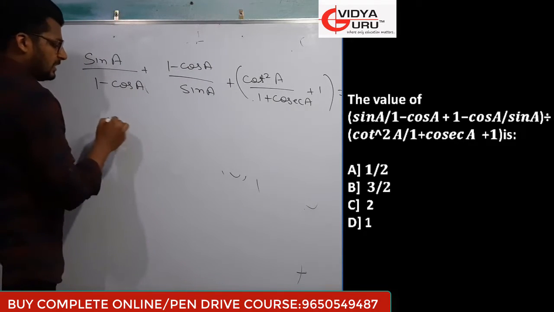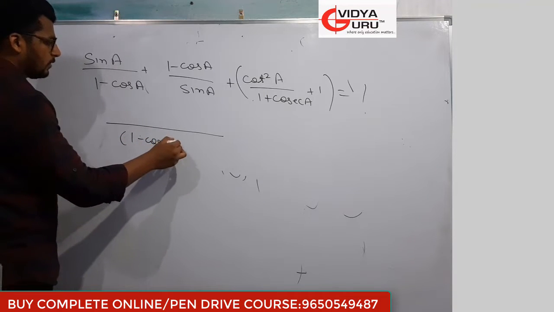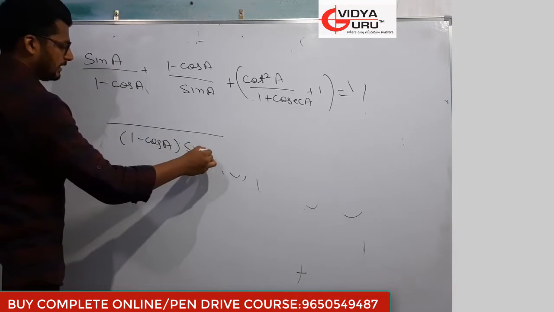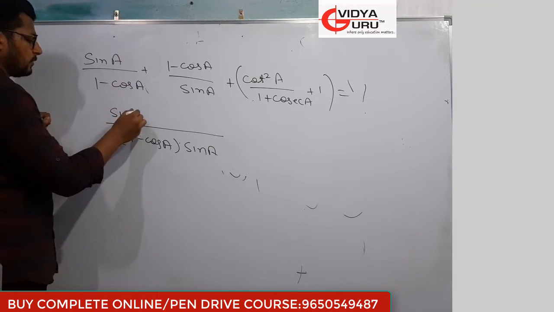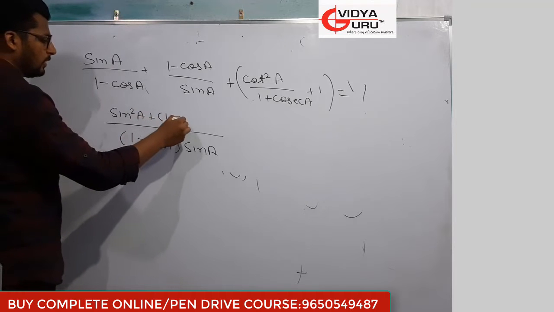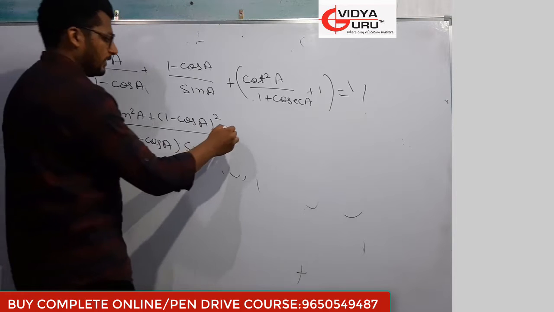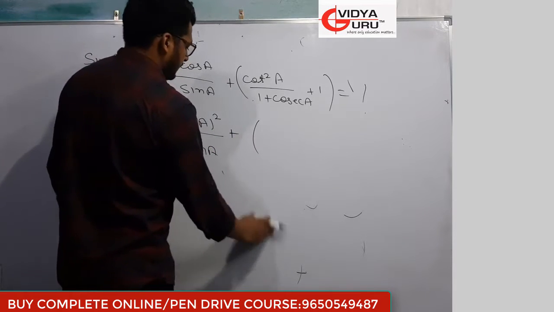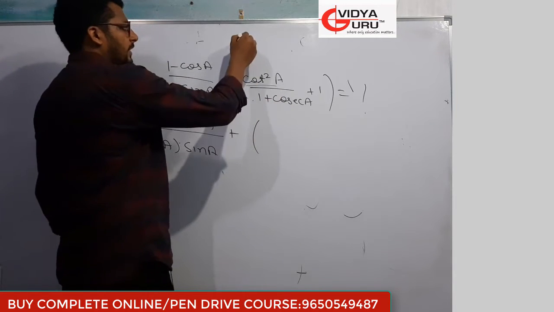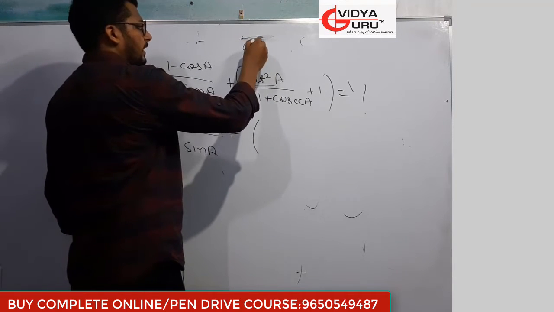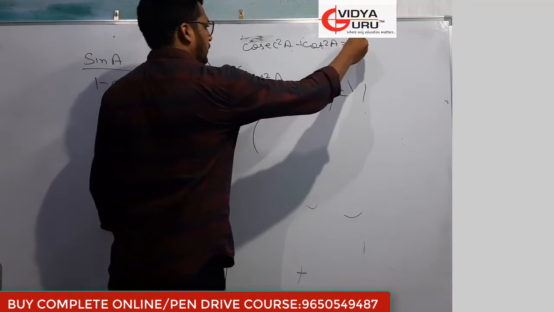If I take the LCM of these both, what will it form? 1 minus cos A and sin A. Here it will form sin A multiplied, sin square A, and this will be 1 minus cos A whole square. And if I solve this side, I can write cosec square A minus cot square A is equal to 1.